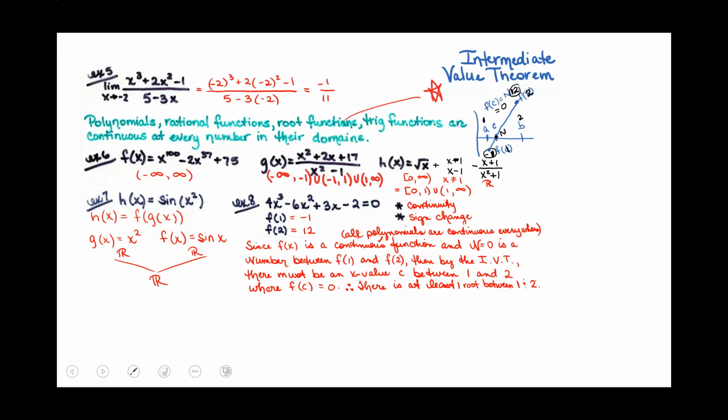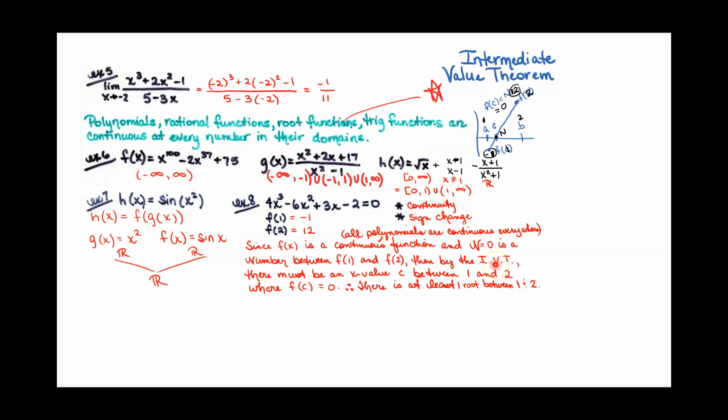All right, here's how the intermediate value theorem comes into that. Since our function is continuous, because all polynomials are continuous everywhere, and n equal to 0 is a number between f of 1 and f of 2. Okay, so 0 has got to be in between -1 and 12. Because there was a sign change, I know there's a 0 in between those values.